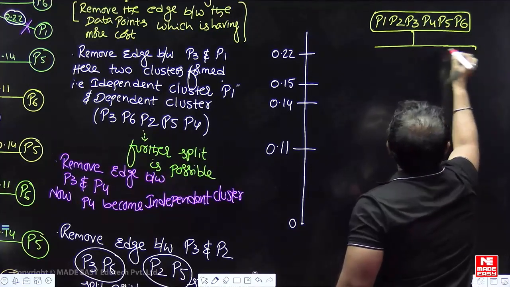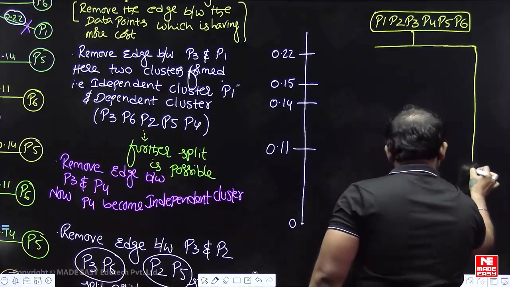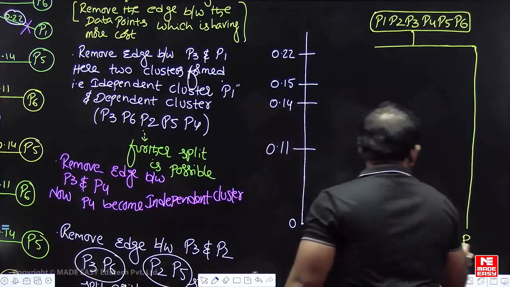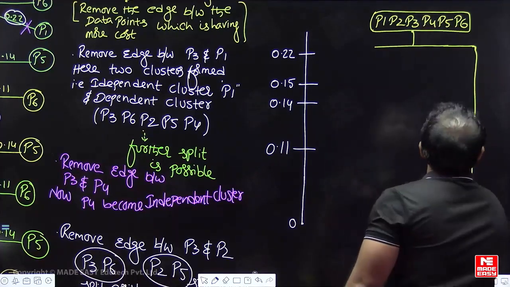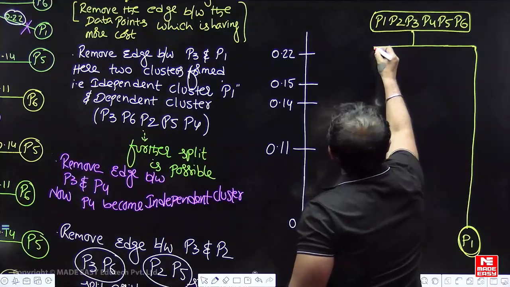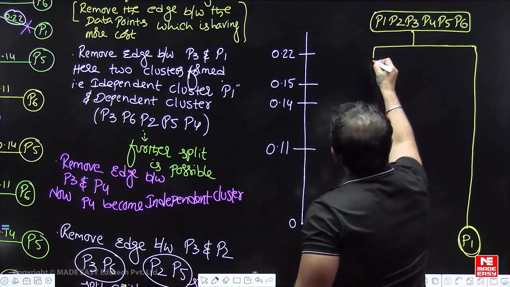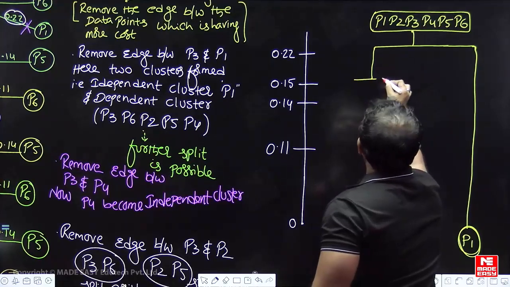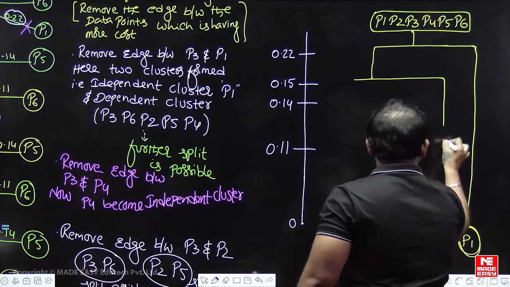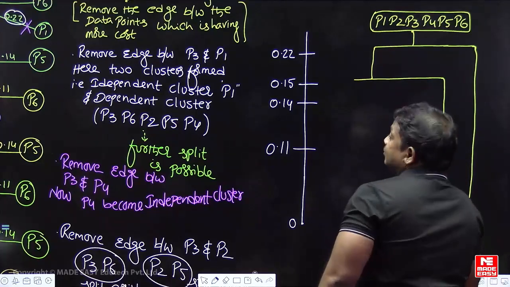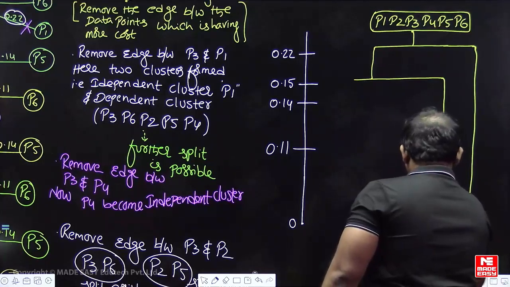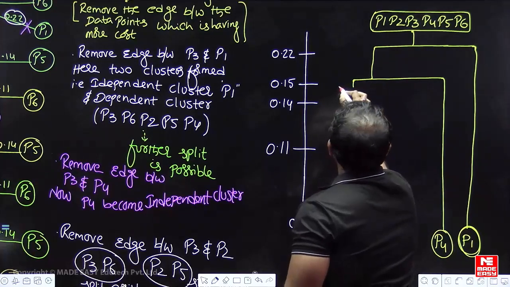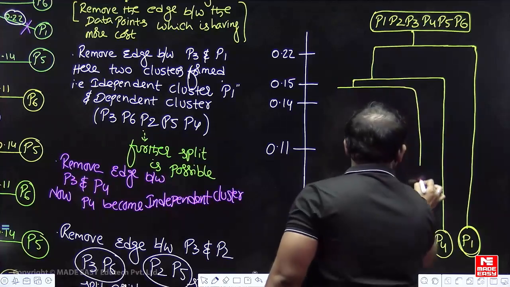Directly, P1 is an independent cluster, and after that this is the other one. Once we come here, at 0.15, again we divide this into two parts. One is independent, what is that? P4, na? P4. And we have this.